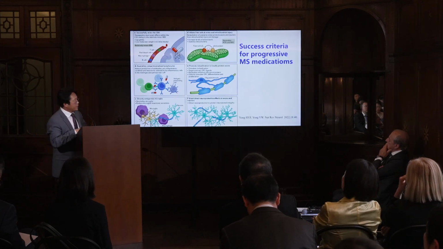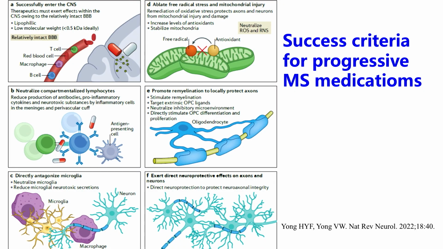What about therapy? Do we have anything to slow the neurodegeneration? Here's a paper written by Heather Yang and Wei Yang, just at the start of COVID, and Heather is a first-year neurologist, a daughter of Wei Yang, and so she was working with her father to summarize the criteria for progressive MS. So I just want to illustrate a few points.